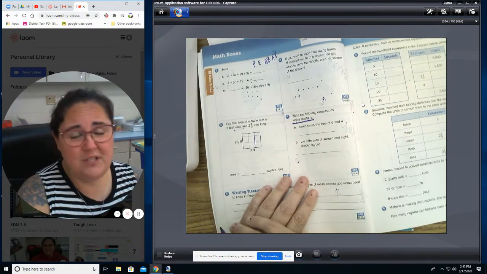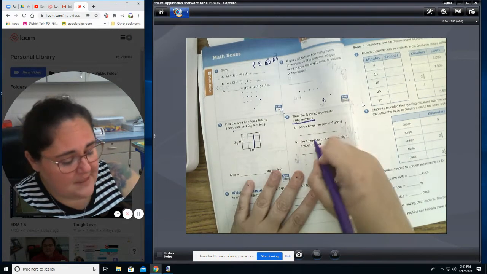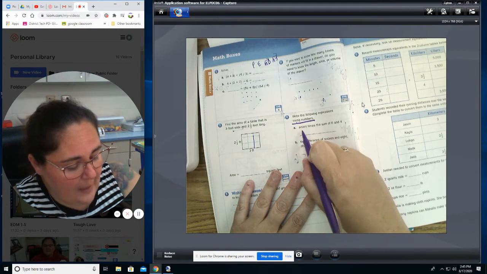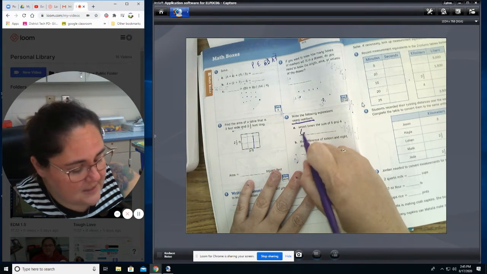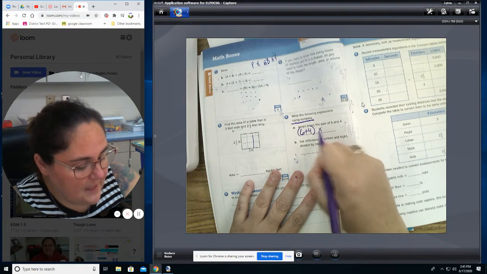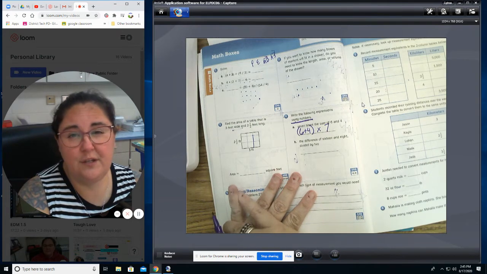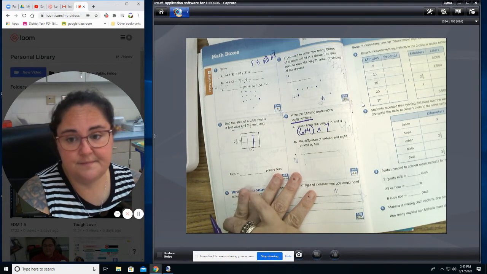So I can't do times until I know the sum. So I know sum means adding. So I'm going to add first. So 6 plus 4 times 7. Really pay attention to what you need to know first and then go from there.